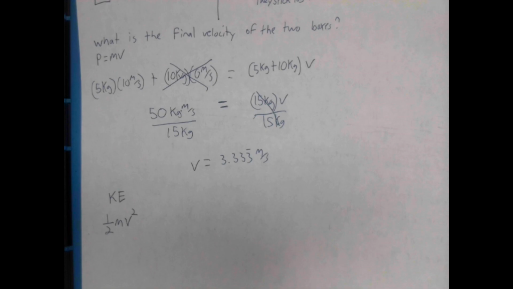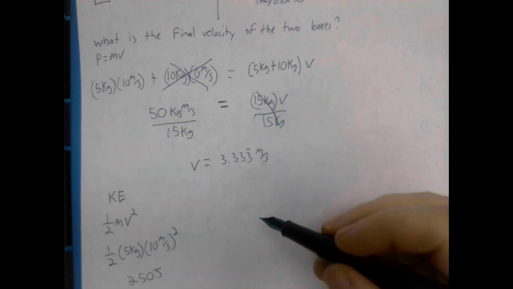So beforehand, we have 1/2 times 5 kilograms times 10 meters per second squared. That's equal to 250 joules of energy.